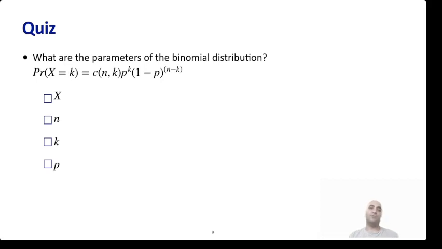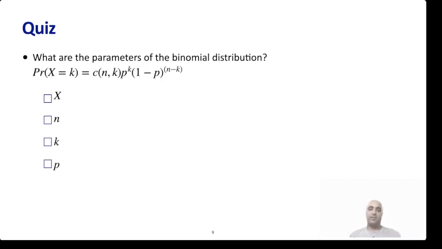Just for those who are not familiar with the binomial distribution, the main idea is that we have a binary experiment, let's say flipping a coin. If we see the head, then we have a success, and if we see tail, then it's not success. So the outcome of this experiment is binary.